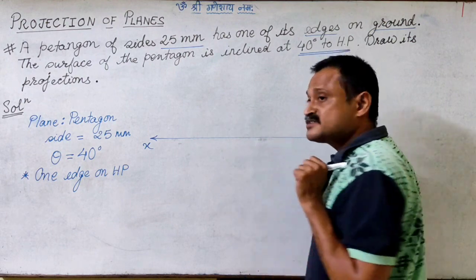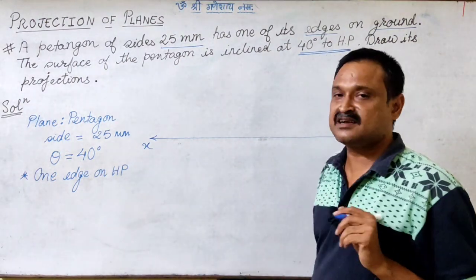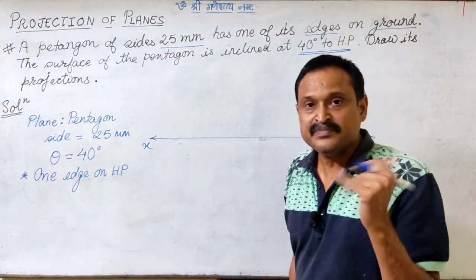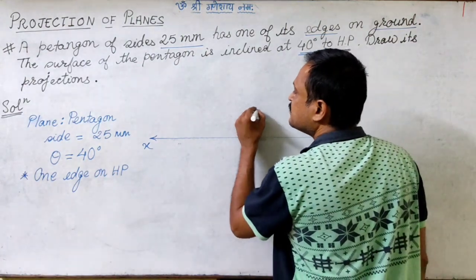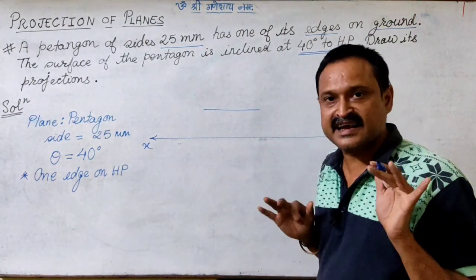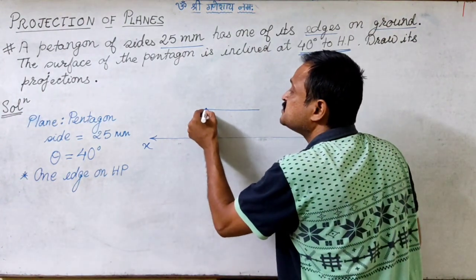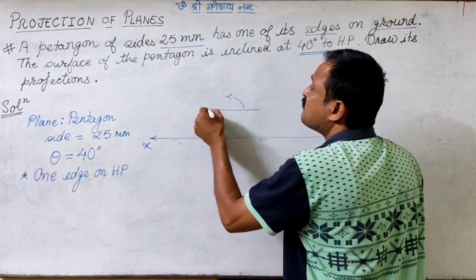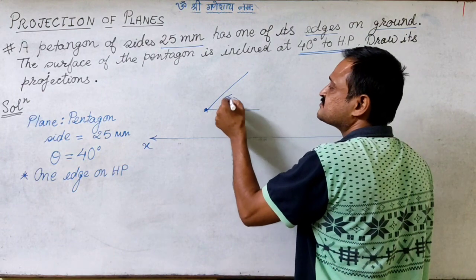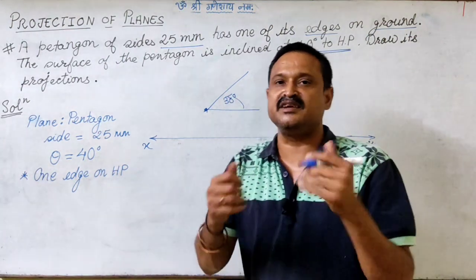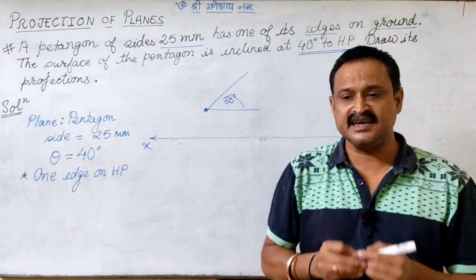See, if I ask you to draw an inclination, say draw 2 lines inclined at 30 degrees, you have the first line. Now you need a reference point about which you are going to mark that inclination, 30 degree or 40 degree, whatever. Right?